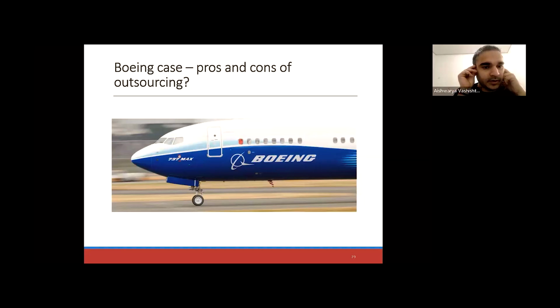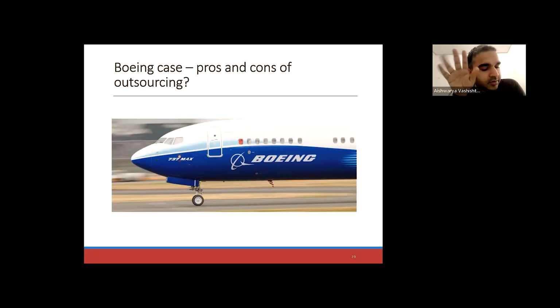Some products, like say tires, wings, engines, were being made in different parts of the world, and then they were assembling the product in the US. But then by the late 90s and early 2000s, Boeing decided to slowly bring all the outsourcing back to the US and make their own parts. It reduced outsourcing a lot.